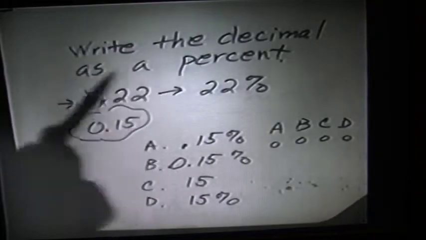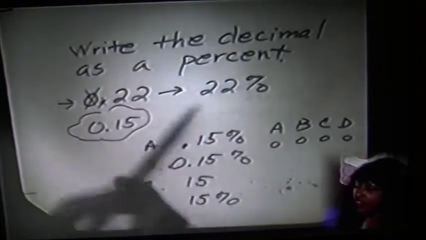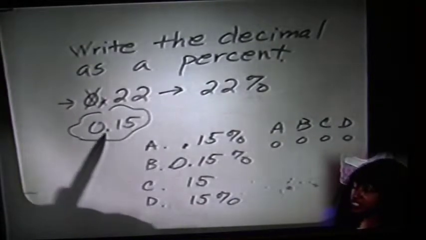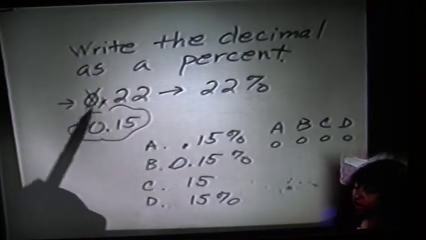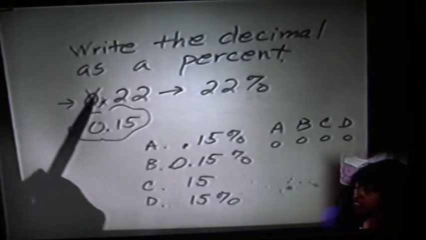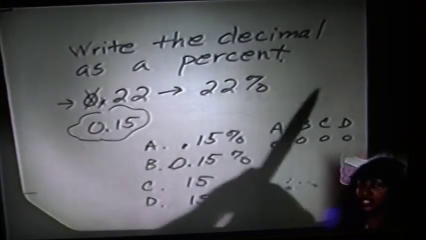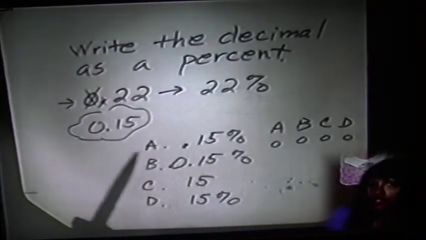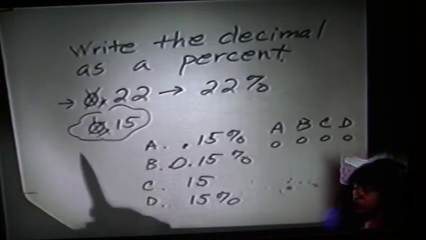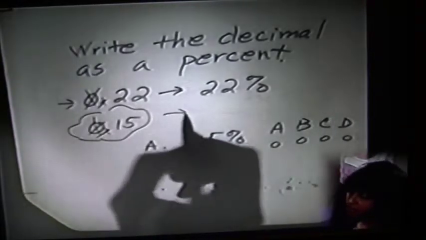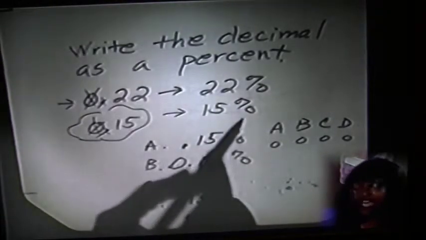It says write the decimal or find the given letter that would write this decimal as a percent. Well, we talked about just eliminate the 0, eliminate the decimal point for 22, write the 22 and the percent sign. You do the same for this. Eliminate the 0, the decimal point, and you have to have a 15%. You have to have the percent sign there.